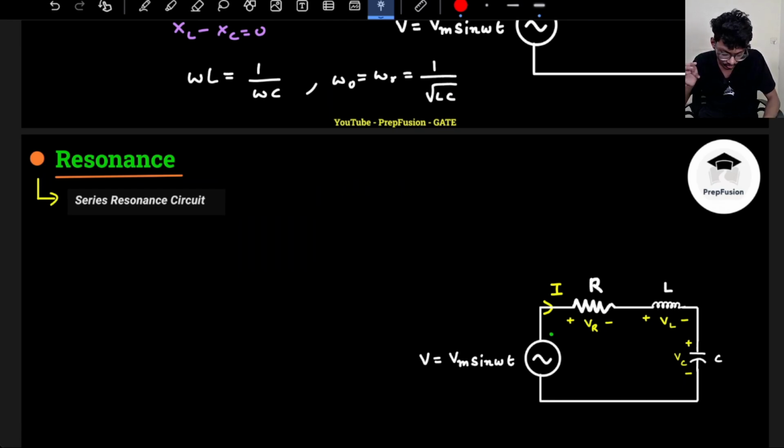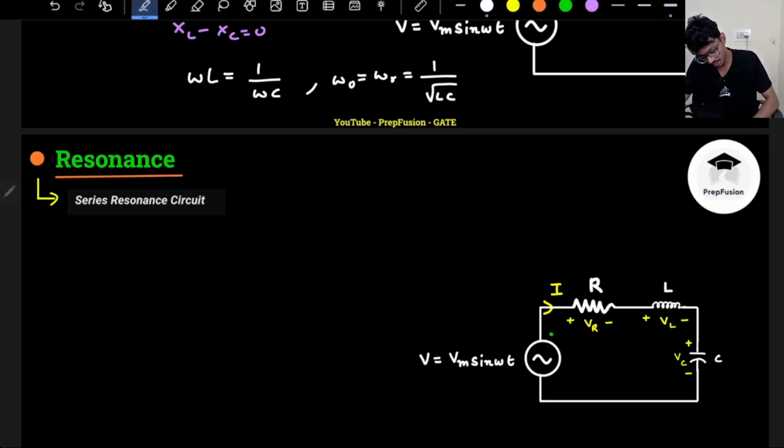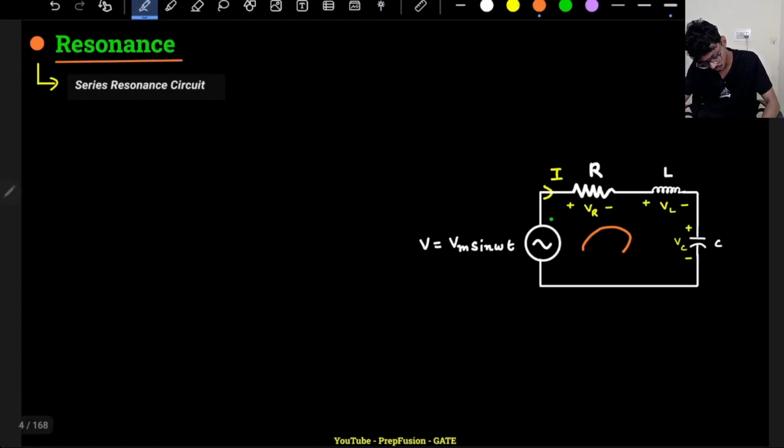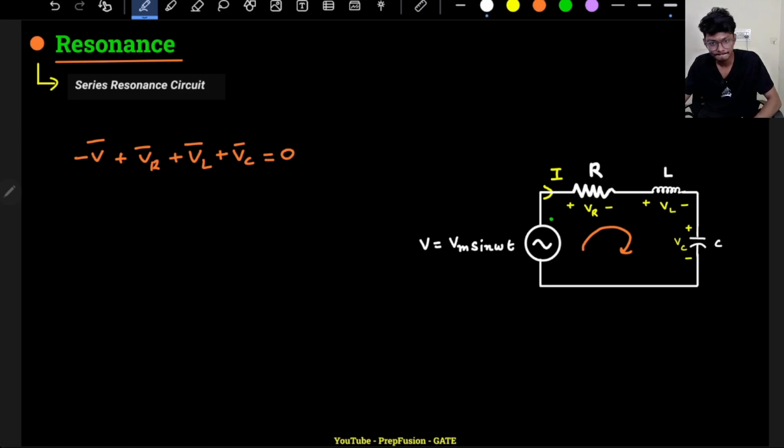So what are the other things that happen in resonance? If I apply a KVL in this whole loop, I have this input V plus VR, all of them are phasors only, plus VL plus VC equals 0.